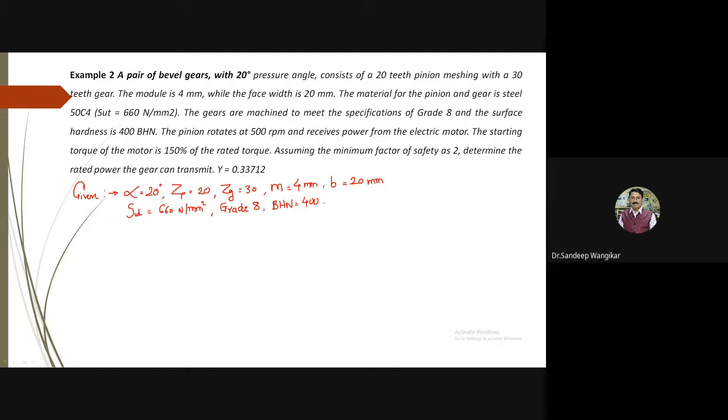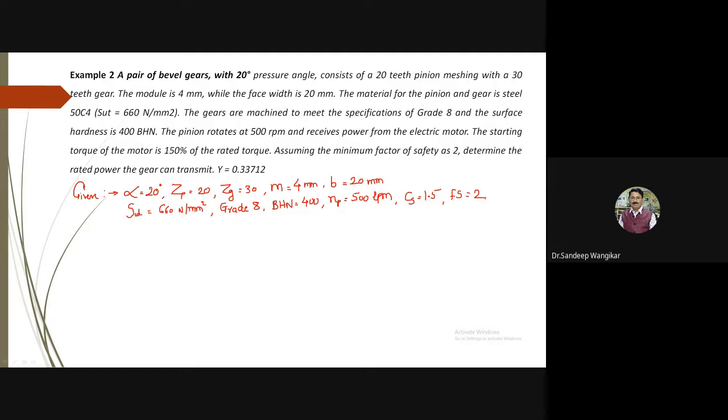The pinion rotates at 500 RPM, so NP is equal to 500 RPM. The starting torque is 150% of the rated torque, so CS is equal to 1.5. And assuming the minimum factor of safety, Fs is equal to 2. We have to determine the power that the gear can transmit.